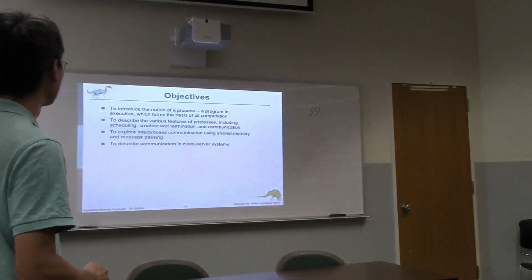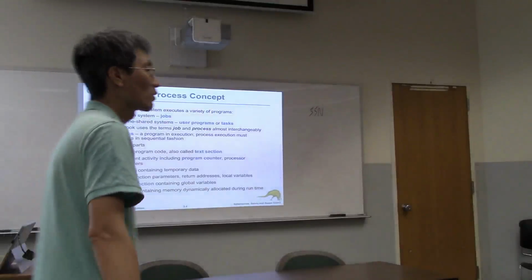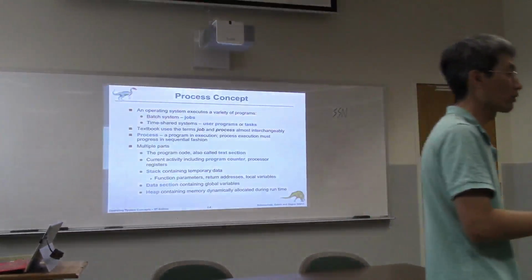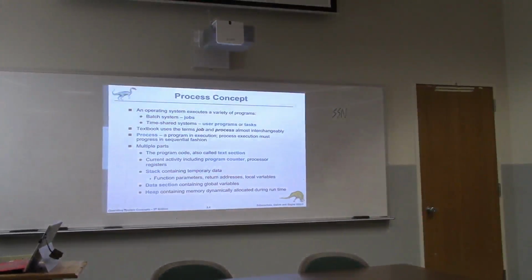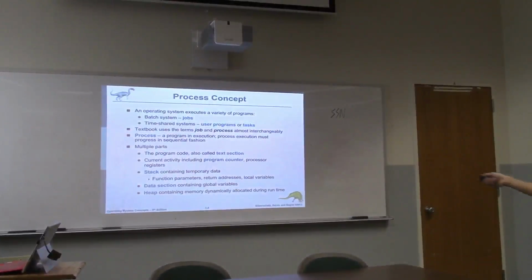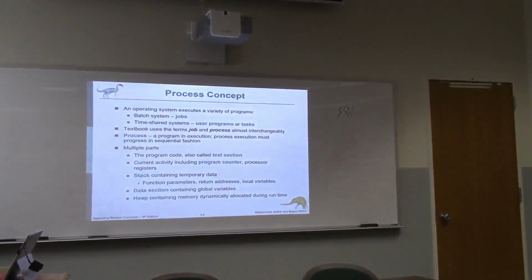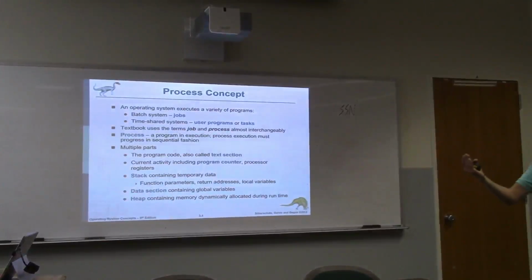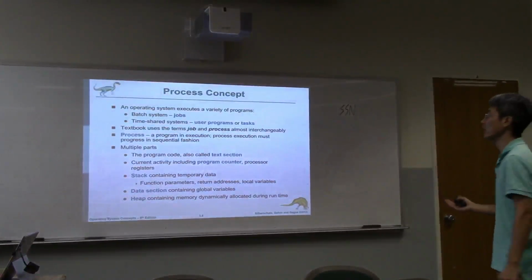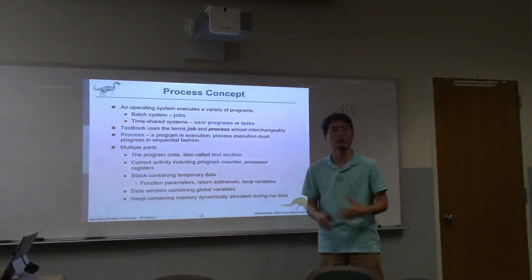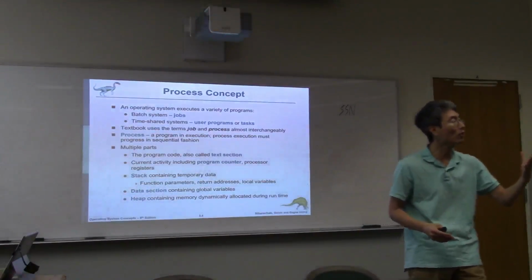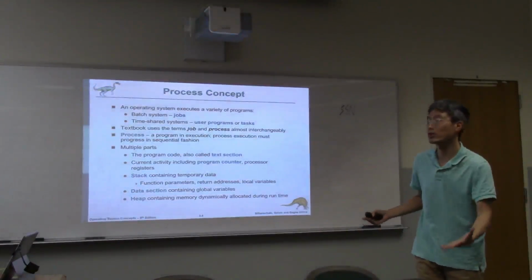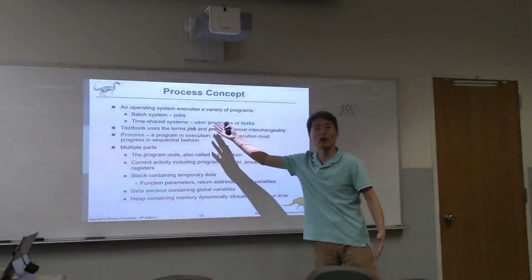Somebody, even the author of this textbook, uses job or jobs to represent the process also. So it can be used interchangeably. It's a user program. It's also almost the same as the process, right? It's an executable file.